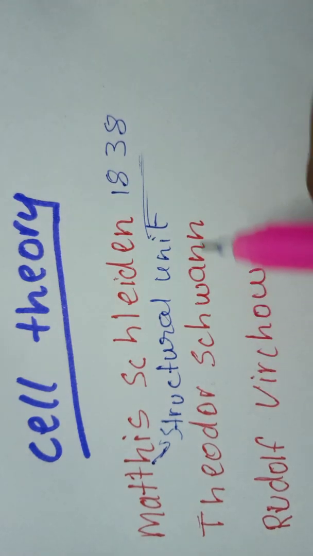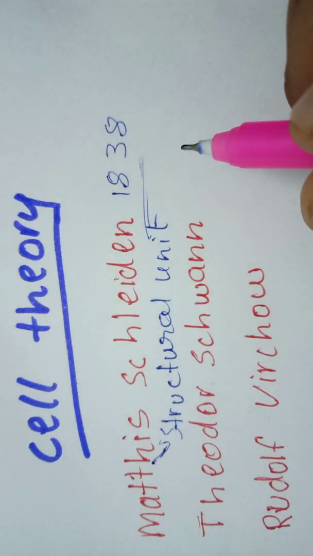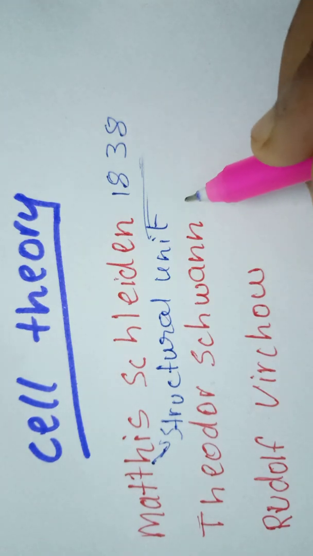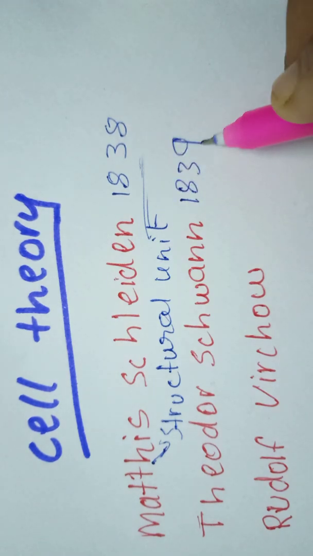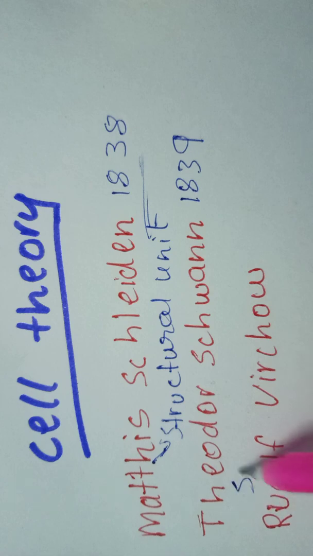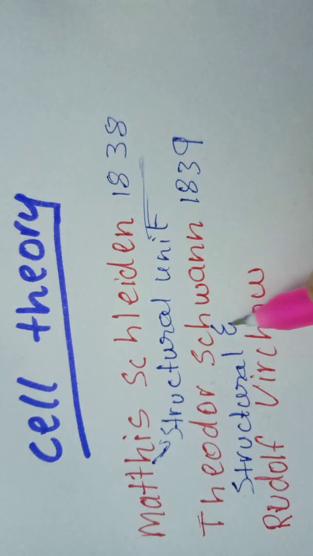The next person who came is Theodor Schwann, and he gave the cell theory in 1839. He added another point by saying that the cell is both a structural and functional unit.